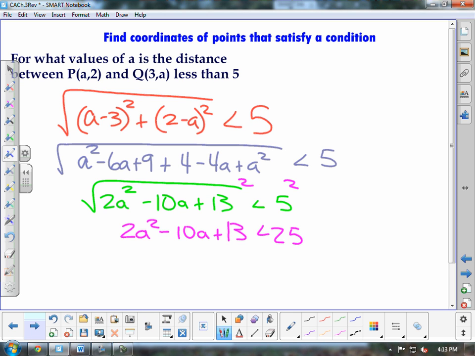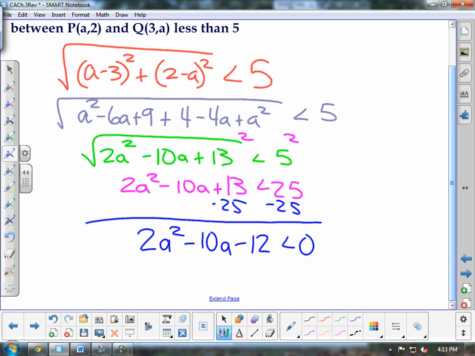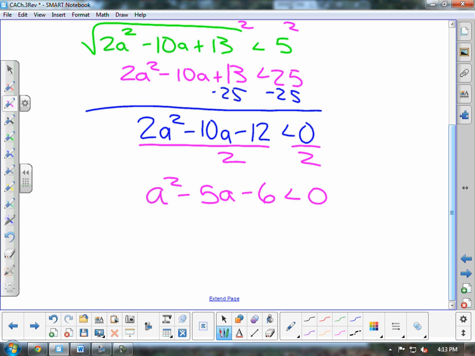And so now, subtracting 25 from both sides, you would have 2a squared minus 10a minus 12 is less than 0. And then you can factor a 2 out of everything or divide both sides by 2 to get a squared minus 5a minus 6 is less than 0.